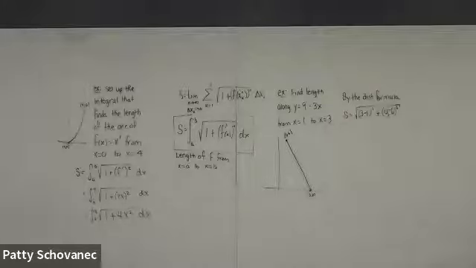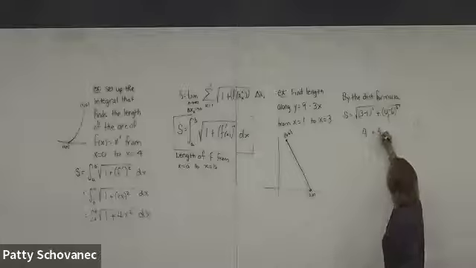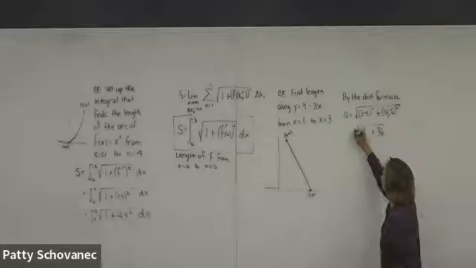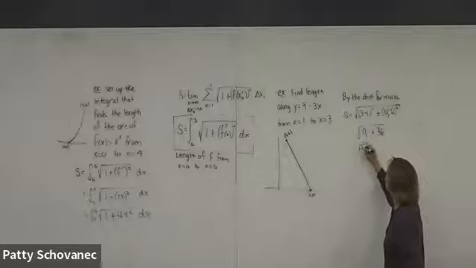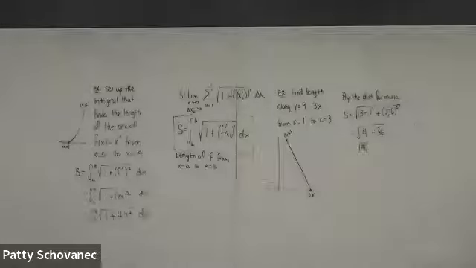So 2 squared is 4. 6 squared is 36. The length of that curve is the square root of 40. Good?